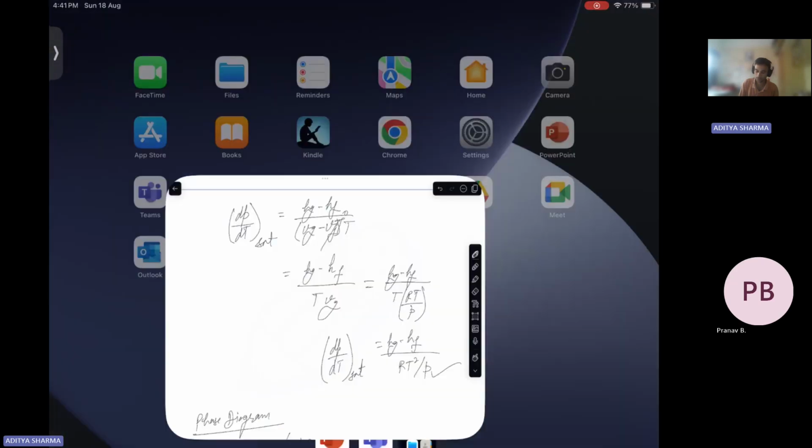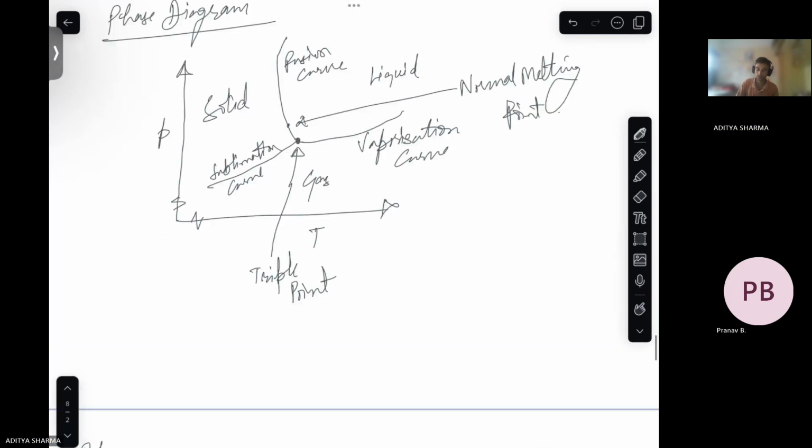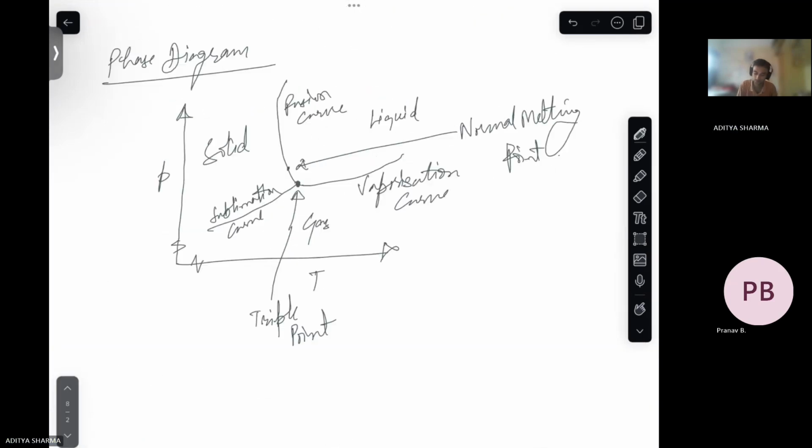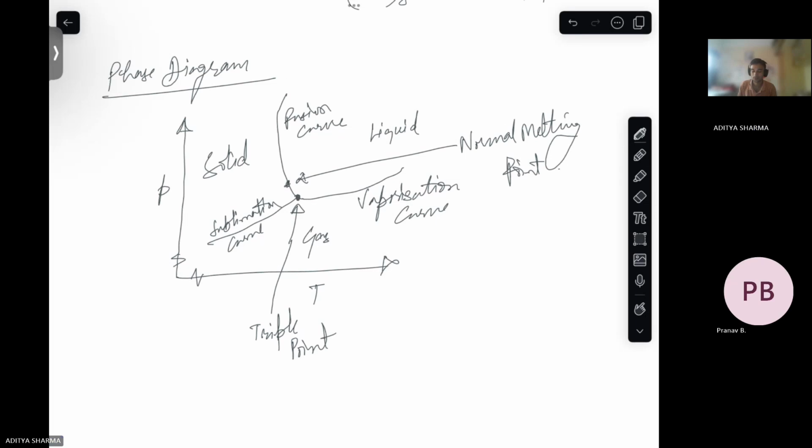So this question is from this topic. Okay. So here on the fusion curve, we have the normal melting point. Okay, and this fusion curve is the boundary between solid and liquid, right?